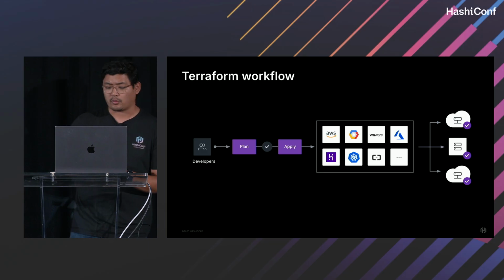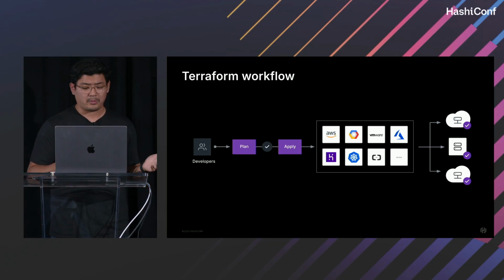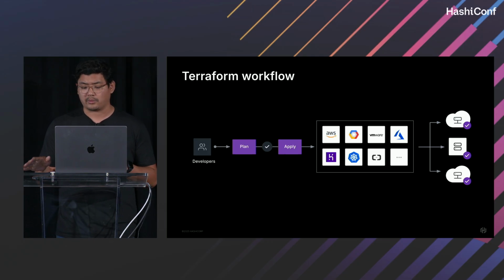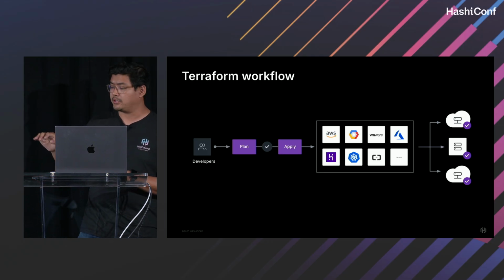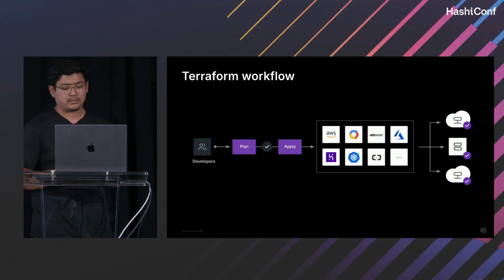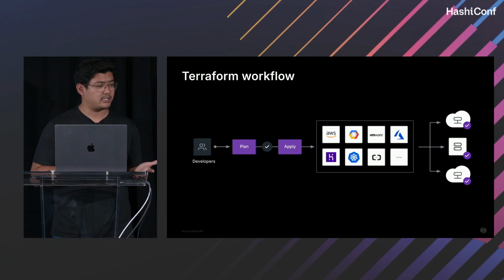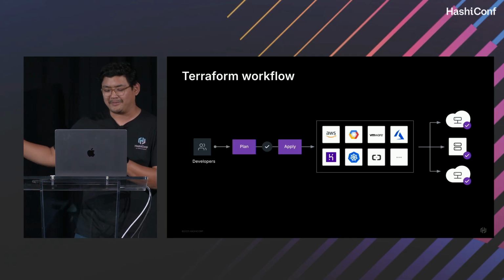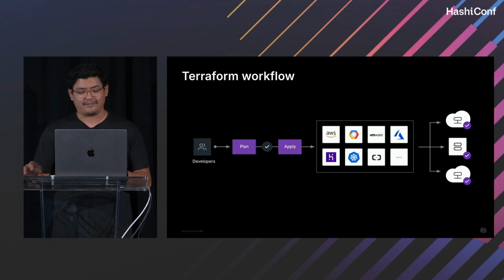So this is the Terraform workflow. I'm assuming most of you have already used Terraform before, but just for folks who are unfamiliar with this workflow, the first thing you do is write the Terraform configuration itself. After that, you run Terraform plan to view the proposed changes. And since we don't live in a make-believe world of diagrams, you'll most likely have to go back and fix the syntax errors and things like that.